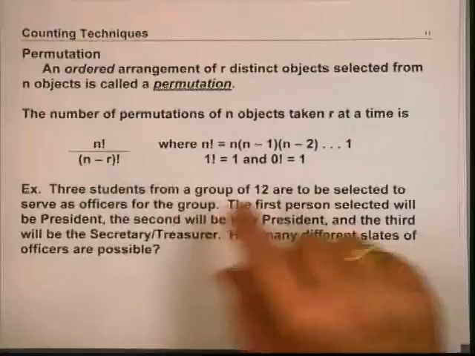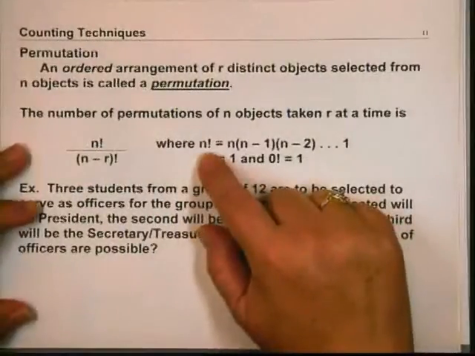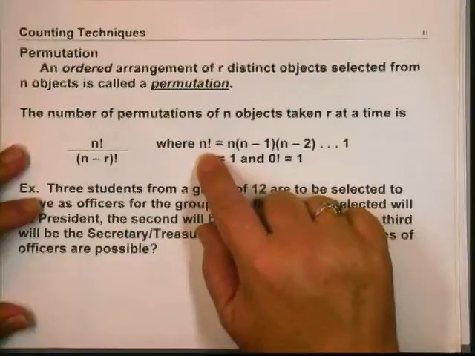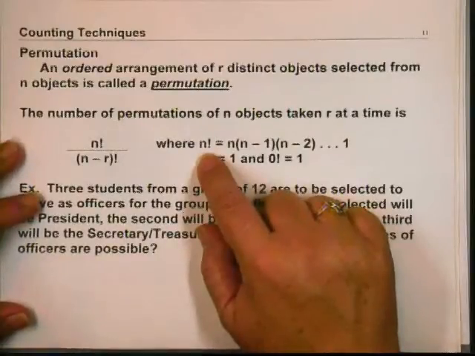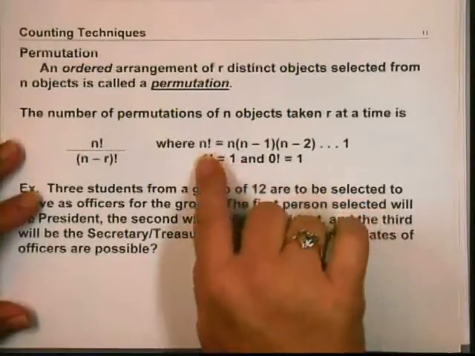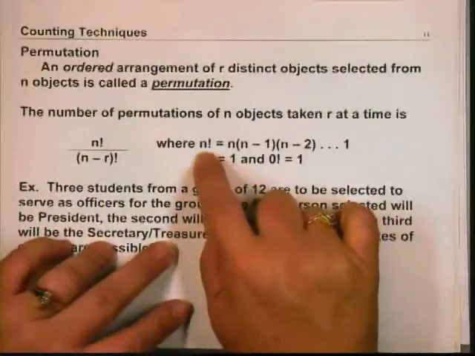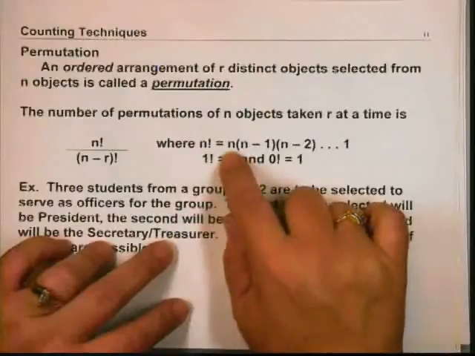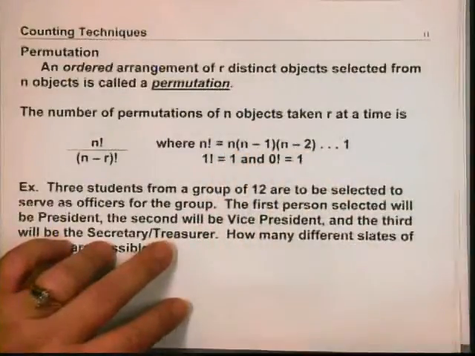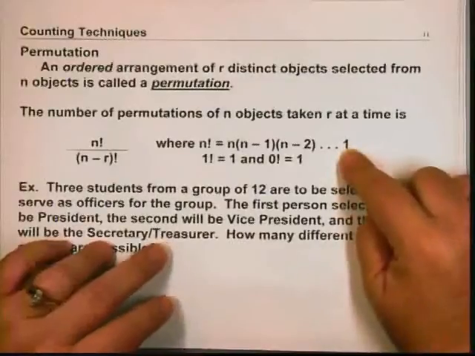Where n with the exclamation point doesn't mean say it real loud. It's not n shriek. But n factorial just means that this n is a positive integer value. You take its value and then multiply it times every integer smaller than it until you get all the way down to 1.